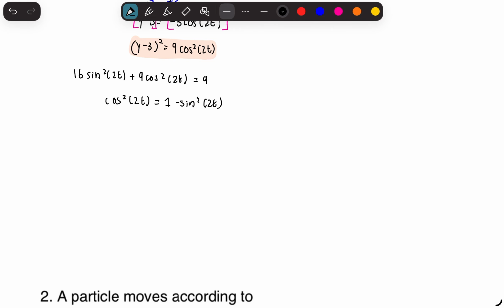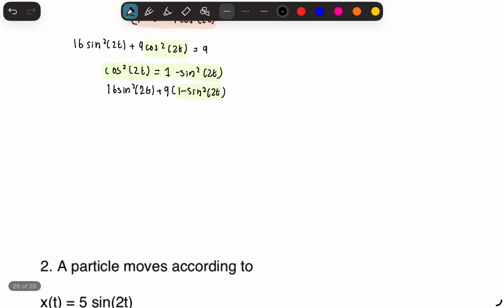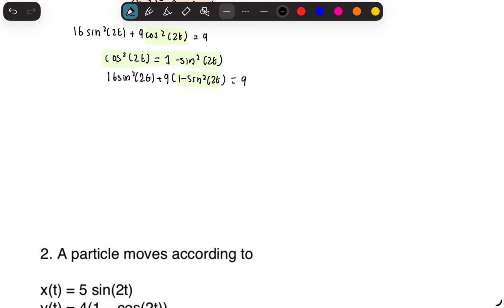So if we substitute that in here, we have 16 sine squared 2t plus 9 times (1 minus sine squared 2t). What we were substituting was, we see this cosine squared 2t. We can replace this with this entire string right here. And this is equal to 9.